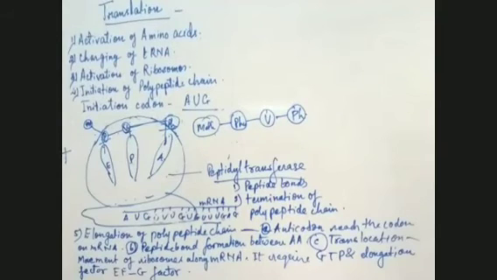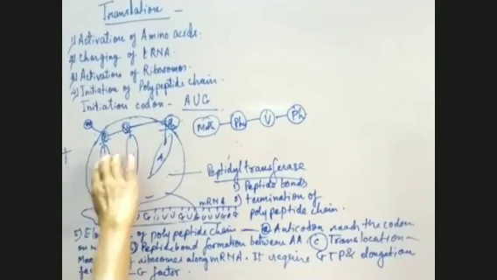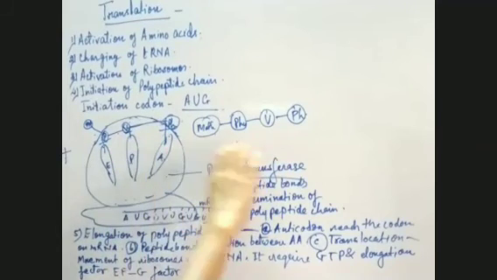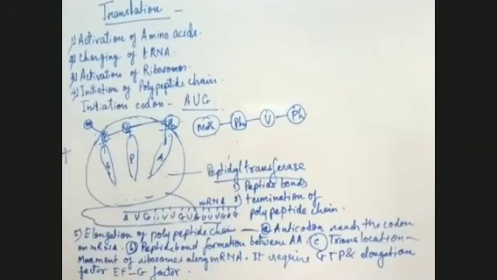Translocation will take place. Now, this time when this ribosome moves on to the next GAG, it moves on to here, more shifting will take place. That means this time this P will also go out. This will move up. So methionine will move up. Methionine has moved up. This P will also move out.